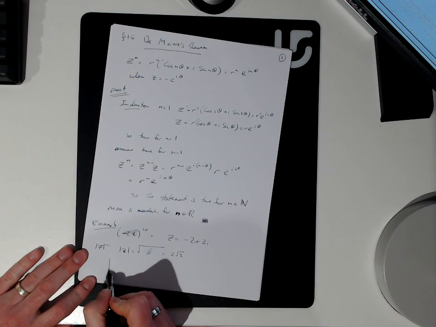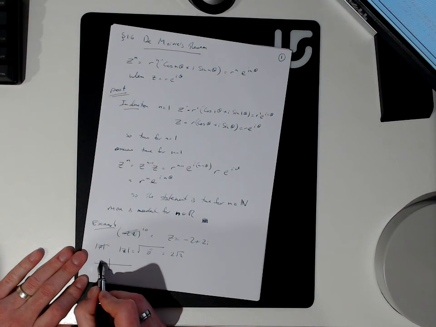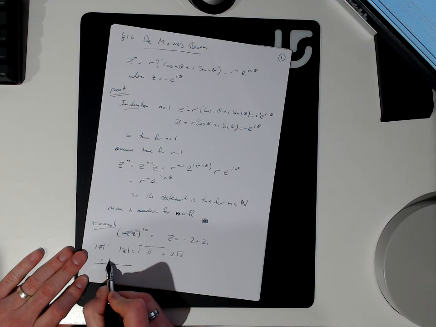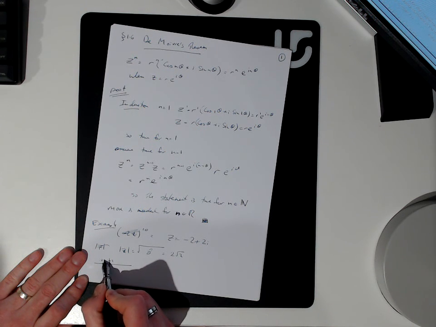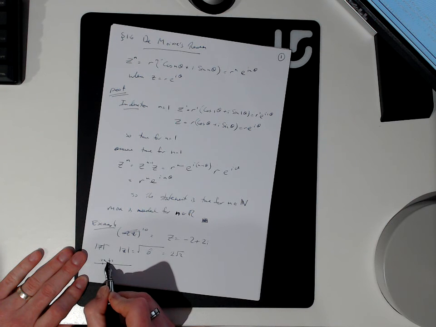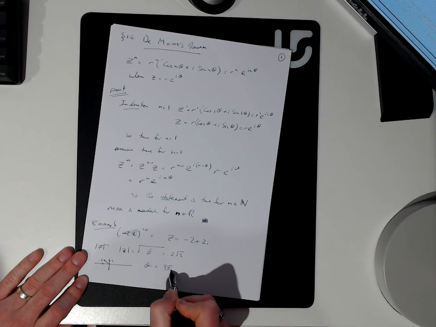And if we draw a little diagram, where does z sit? There's minus 2 real and 2 imaginary, so it's up here. I know that this is 45 degrees, so that means that theta is equal to 3 pi over 4.